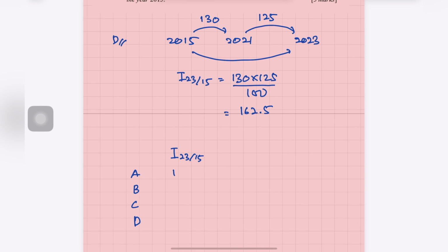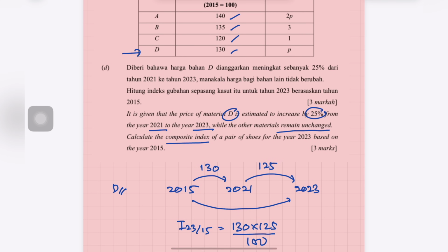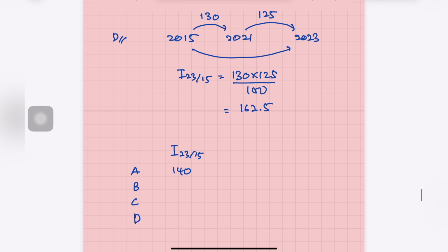So sama 140, 135, 120, 120. But yang D tu is 162.5.